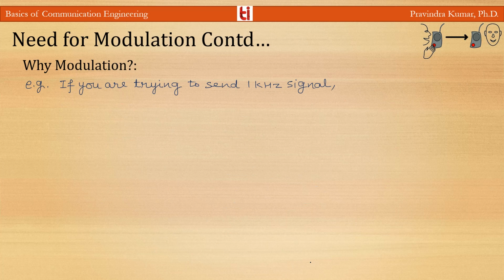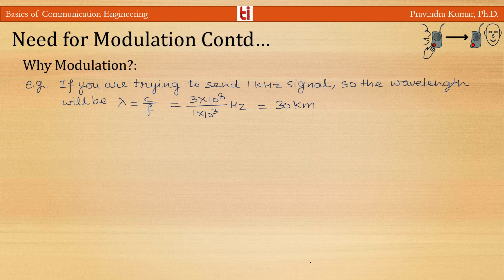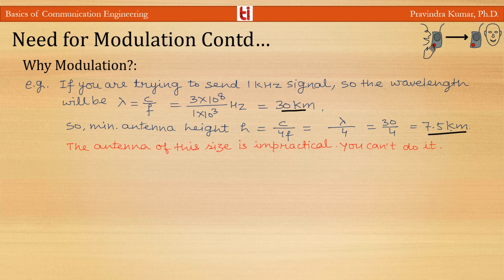Just like if you are trying to send 1 kilohertz signal, so the wavelength will be lambda is equal to c by f, 3 into 10 to the power 8 by 1 into 10 to the power 3. It is 30 kilometer. So the minimum antenna height will be lambda by 4, 7.5 kilometer. The antenna of this size is impractical.